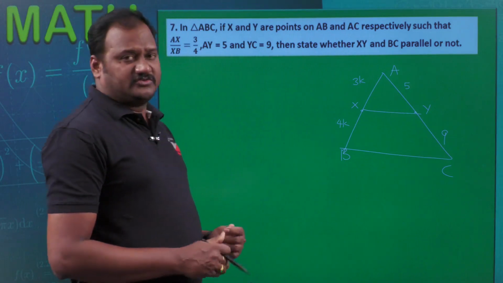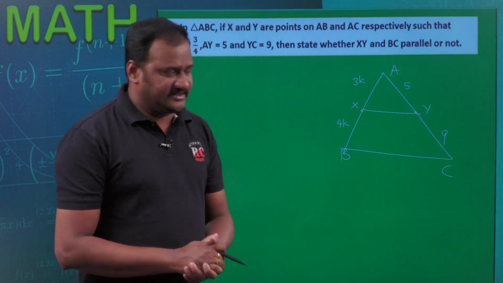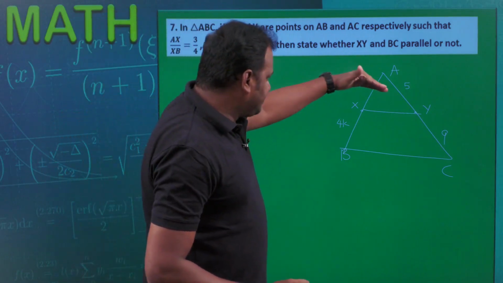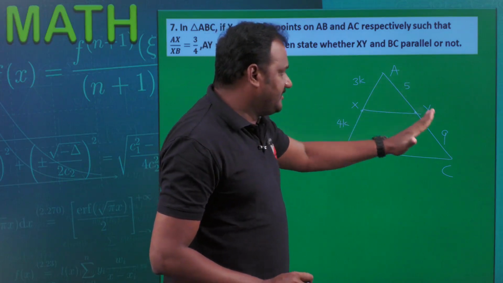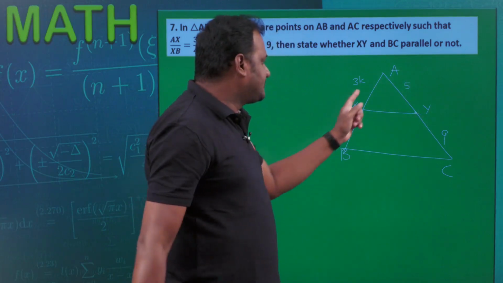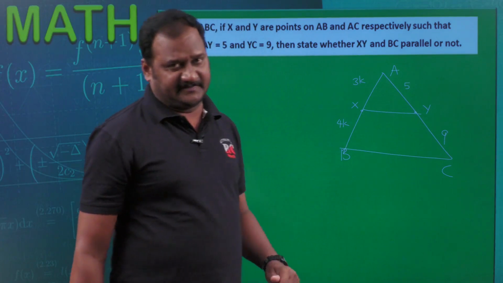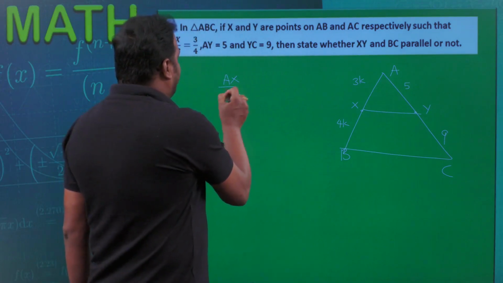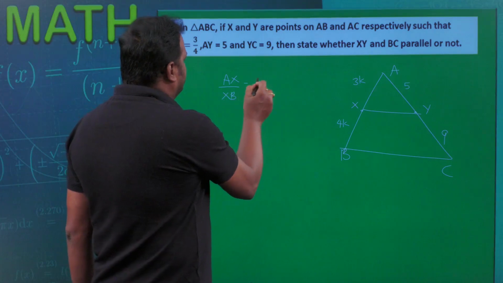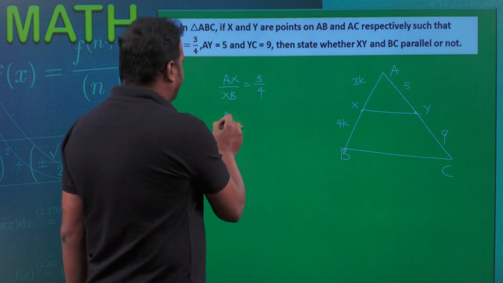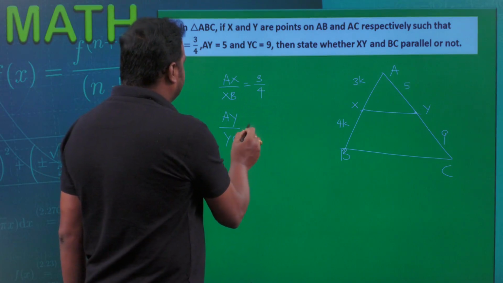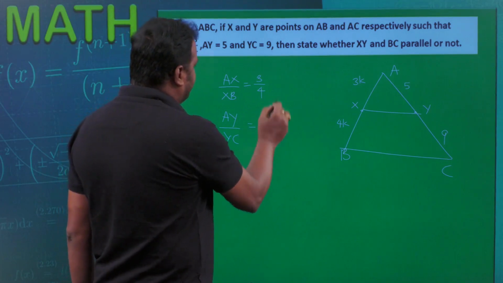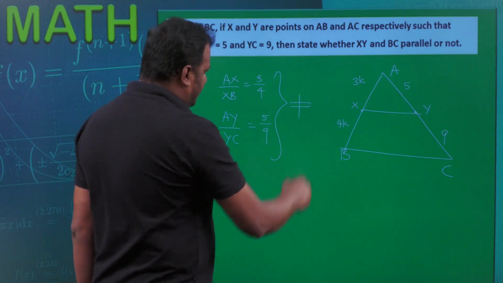See, according to the converse of basic proportionality theorem, if AX by XB is equal to AY by YC, then XY is said to be parallel to BC. Let us check whether AX by XB, which is 3 by 4, and AY by YC, which is 5 by 9, are equal. They are not equal.